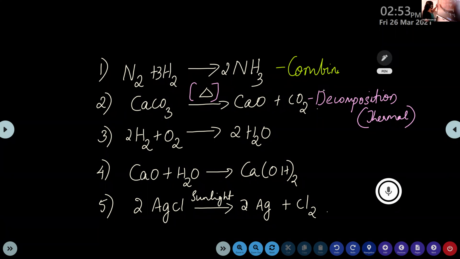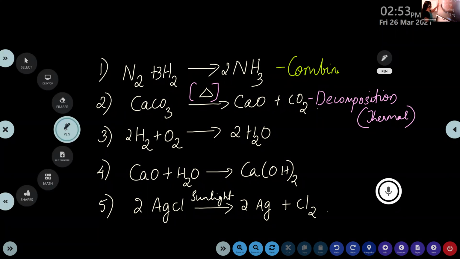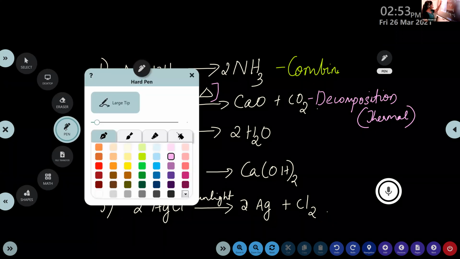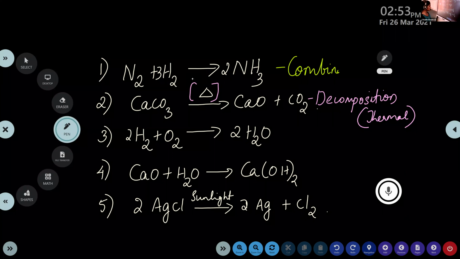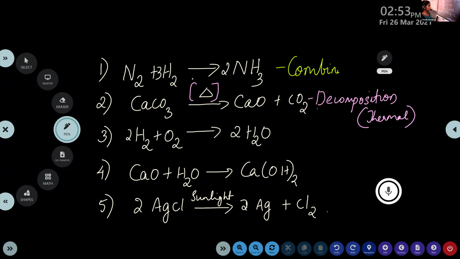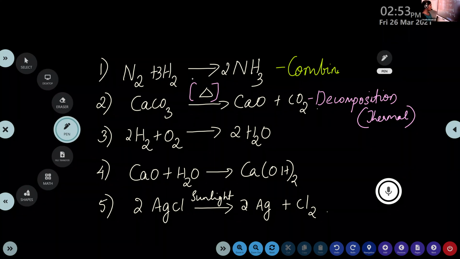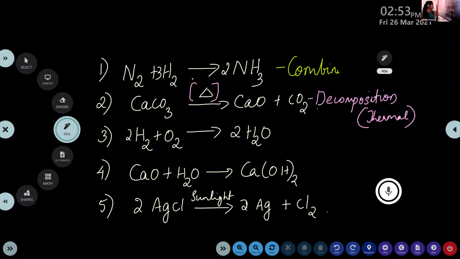Okay, then third question. Lakshmi, can you tell me the third question? Which type of reaction is this? Decomposition reaction. 2H2 plus O2 giving 2H2O. Two or more reactants combine together to form a single product.